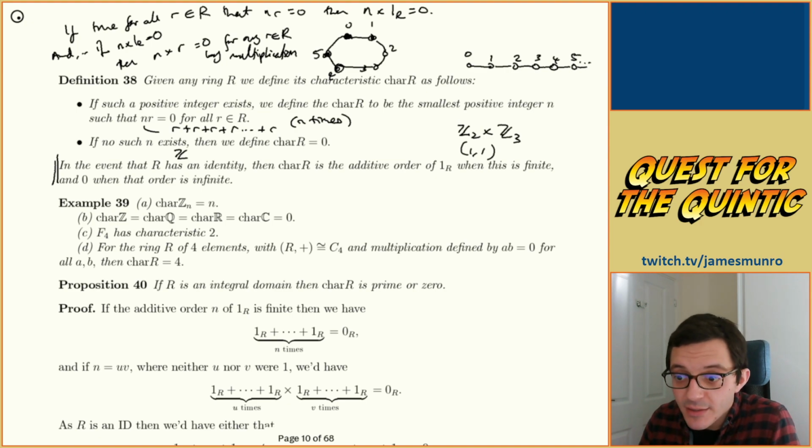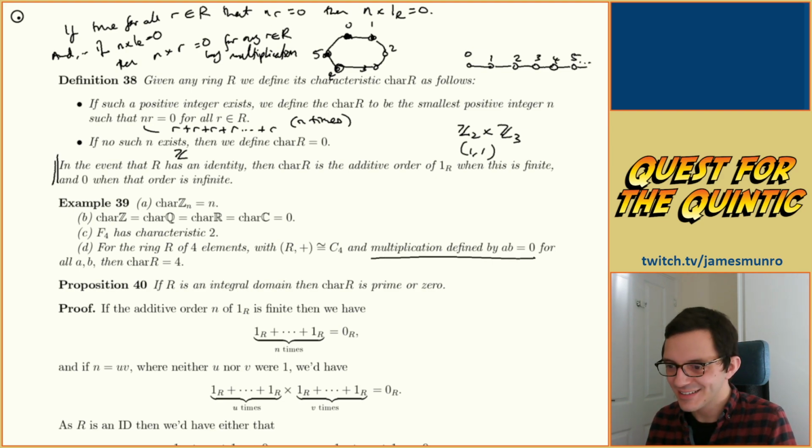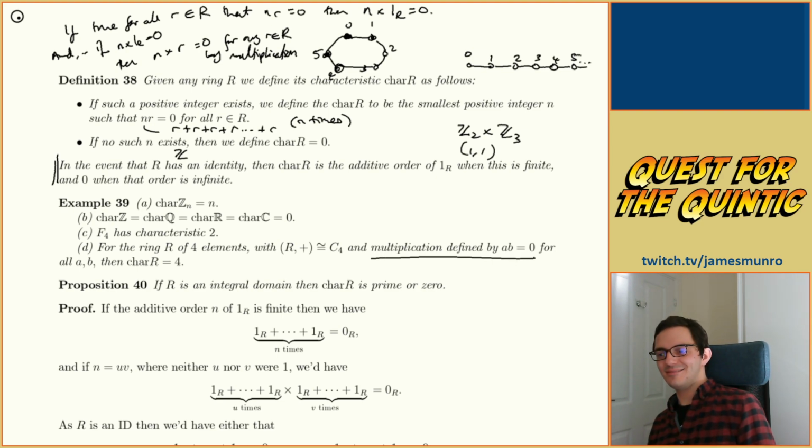Fine, okay. Ring R of 4 elements with the ring working like, this means isomorphic to C4. Multiplication defined by what? What? I love this. That's mad. This is very much not an integral domain.